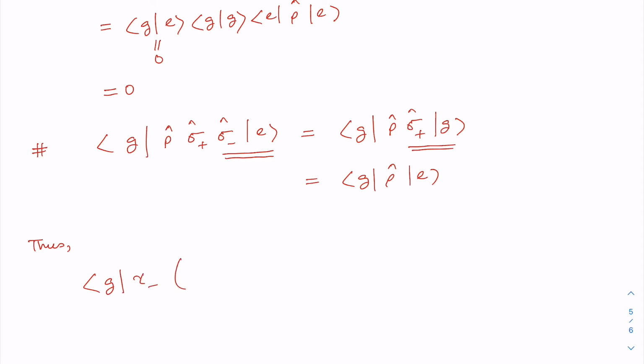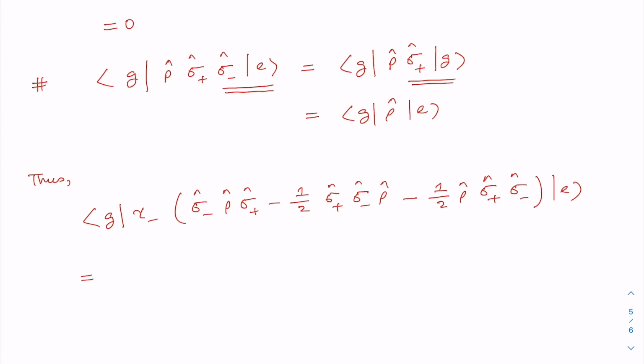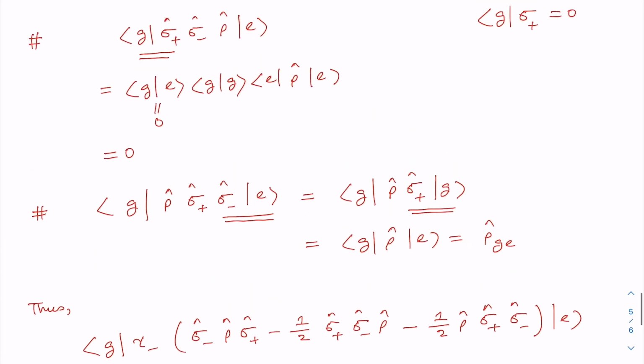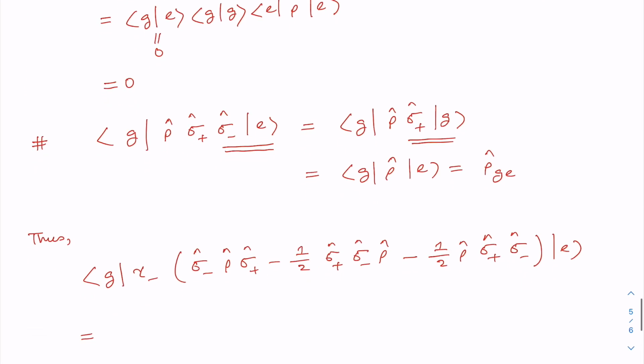gamma minus sigma minus rho sigma plus minus half sigma plus sigma minus rho minus half rho sigma plus sigma minus e, that is equal to, I can write it as rho ze, and you will have another term in a similar way.